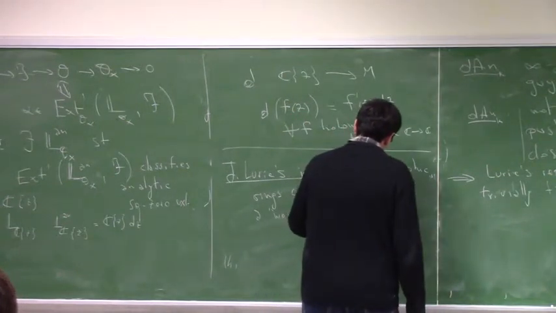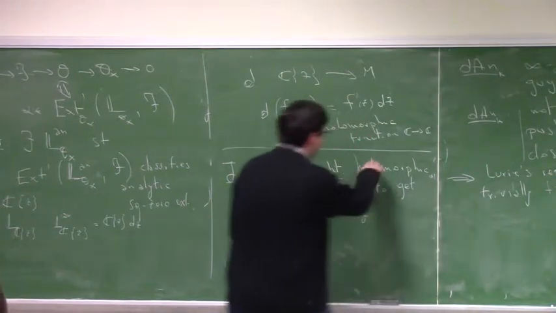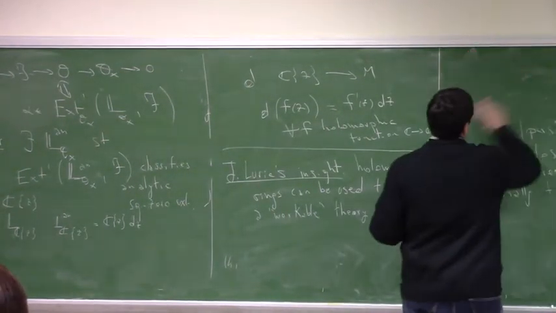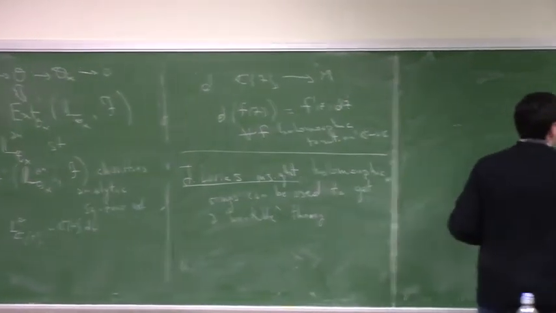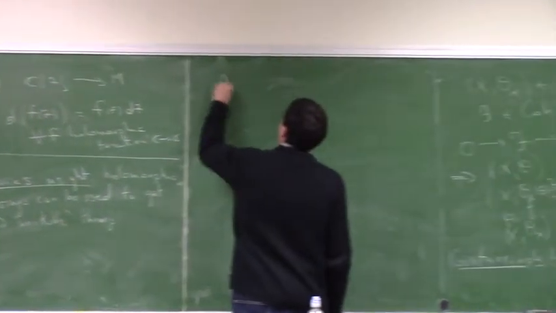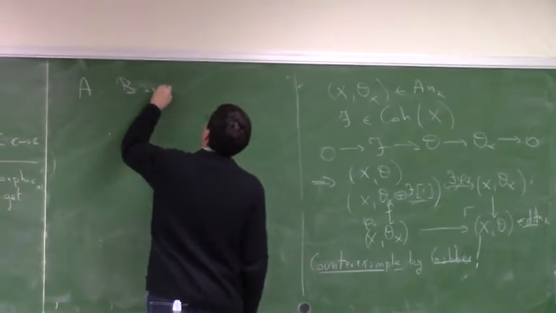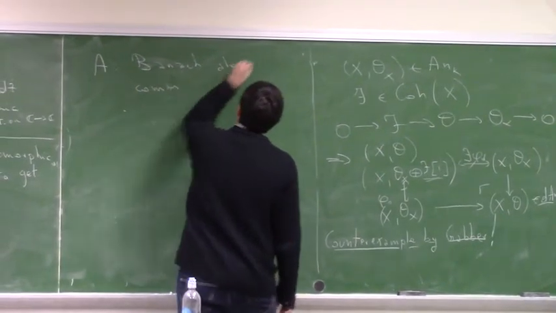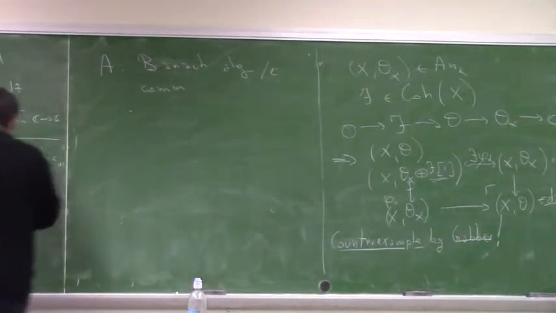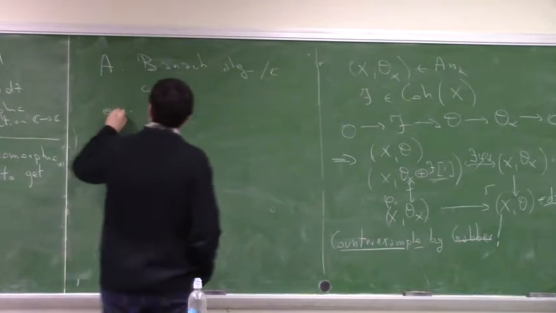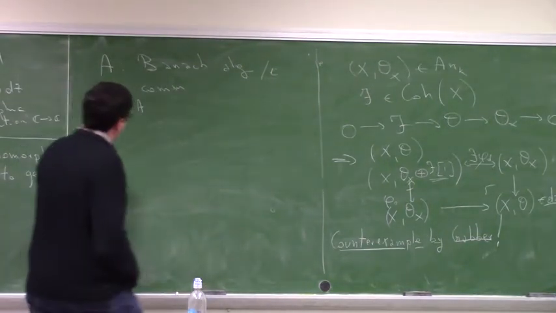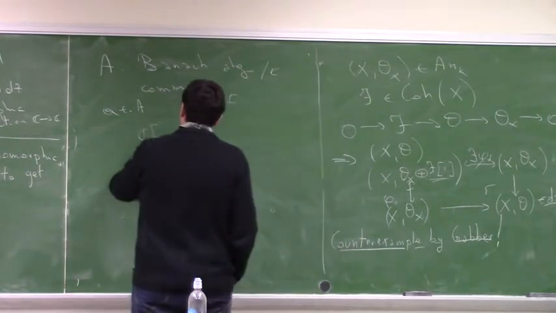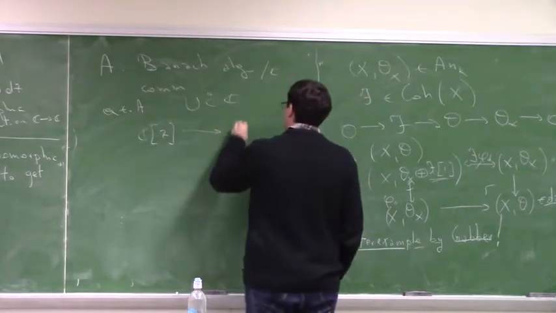To understand what these guys are, let me start by picking a Banach algebra: a complex commutative Banach algebra A. Then, if I pick an element in A, and I fix an open subset U of C, I can consider the following problem.